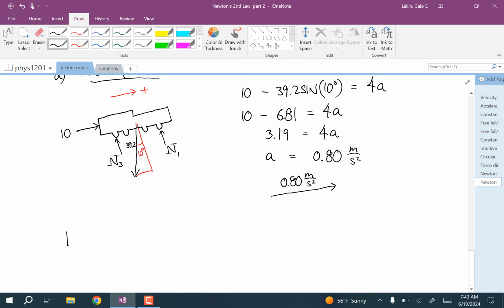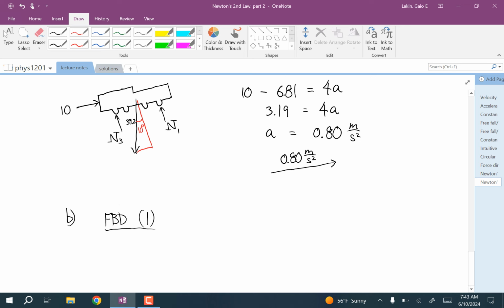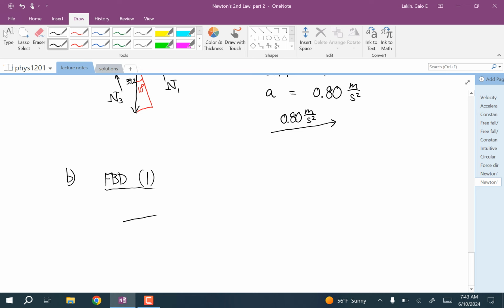So for part B, I'm going to draw a free body diagram of the 1 kilogram body. We have a weight force with a magnitude of 1 times 9.8, so this is 9.8 newtons. We have a normal force N1.